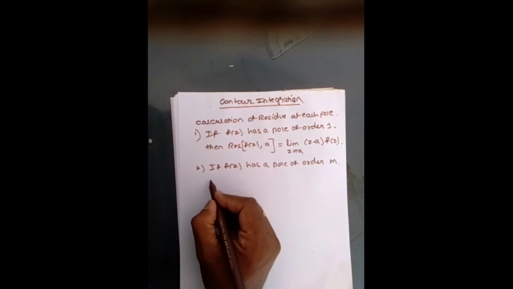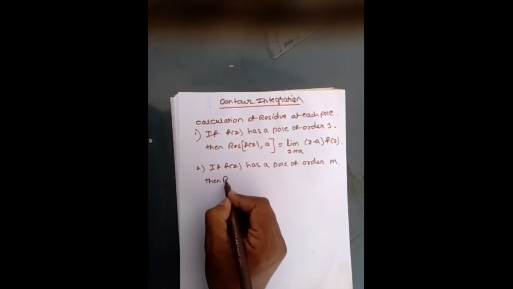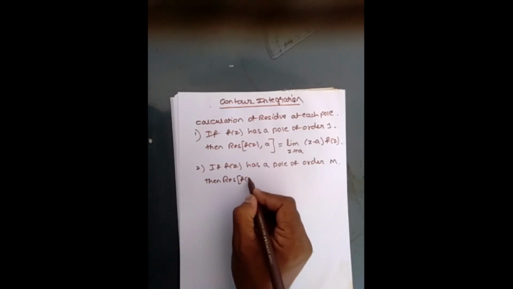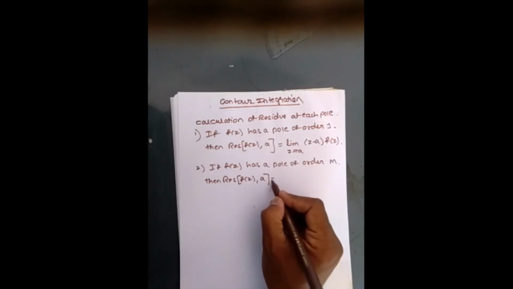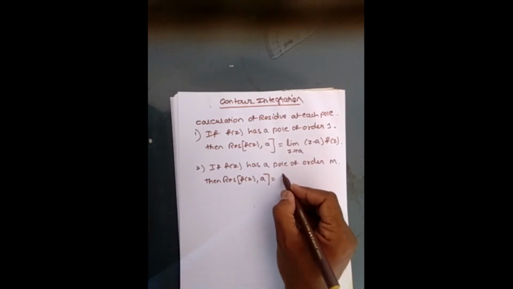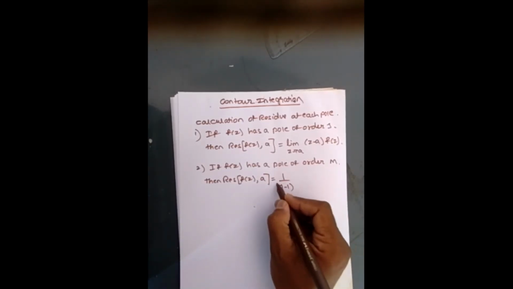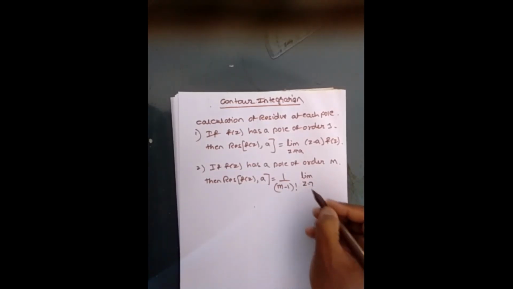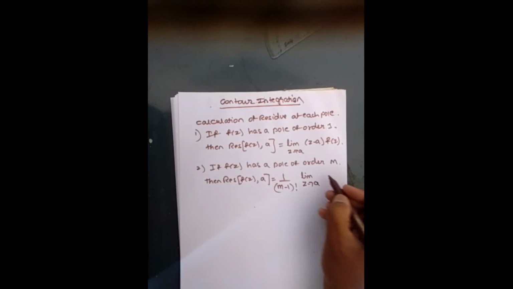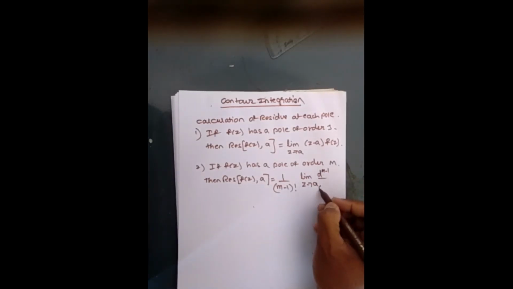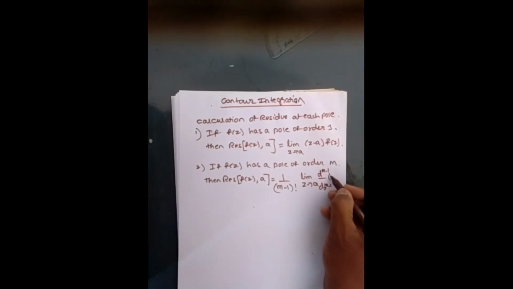In that case we calculate the residue of f of z at a by the formula 1 divided by (m minus 1) factorial into the limit as z tends to a of d^(m-1) by dz^(m-1) of (z minus a) whole raised to m into f of z. So this is the formula we use.